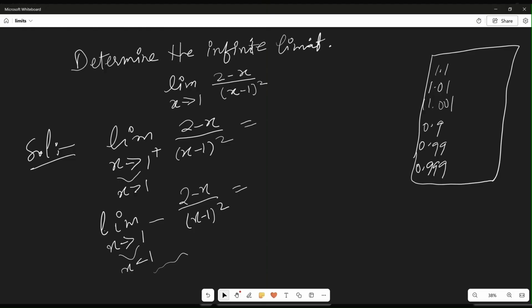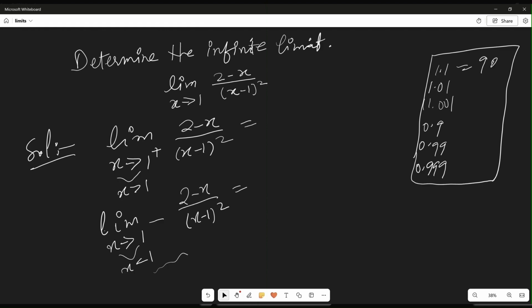As we've done before, let's plug in some numbers. So 2 minus 1.1 divided by (1.1 minus 1) squared is equal to 90.